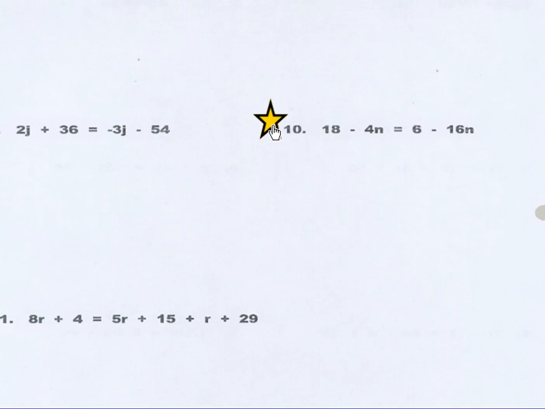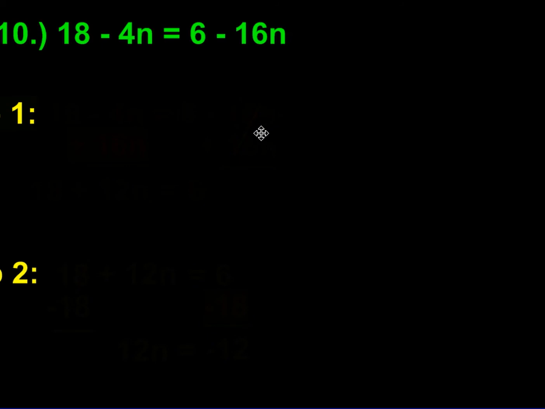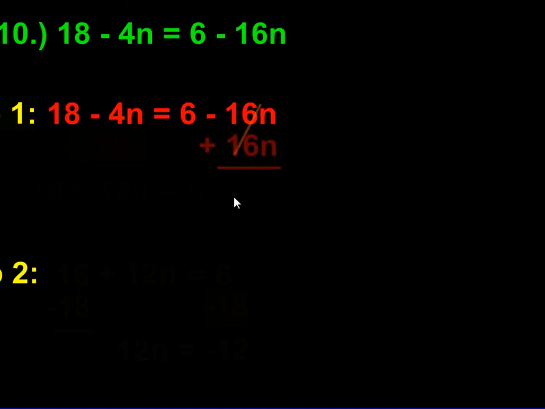And that brings us to the last problem, number 10. We have 18 minus 4n equals 6 minus 16n. So we want to isolate variables on one side, numbers on the other. So we'll start by taking 16n away from here, and we do that by adding.